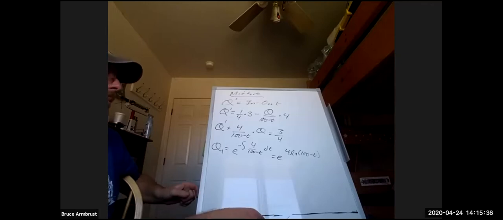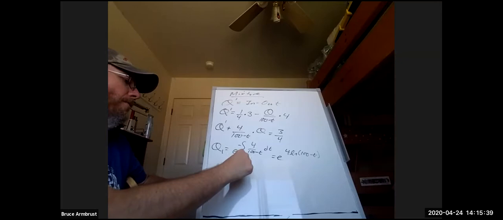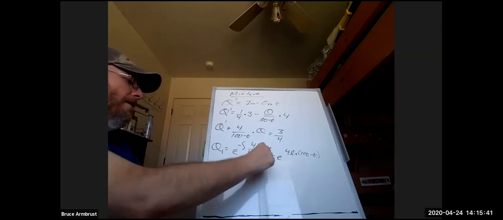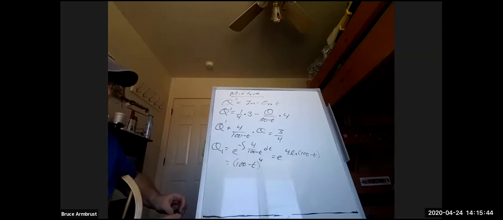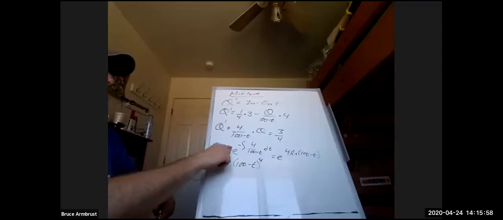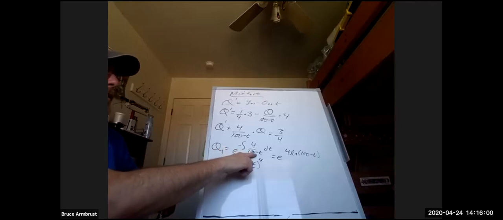So we're going to get 4 times the natural log of 100 minus t, which is equal to 100 minus t to the 4th. Wouldn't it be 1 over 100 minus t to the 4th? Because it's a negative for a natural log of 100 minus t. The negative got canceled with the negative from the 100 minus t. So I'm pretty sure we're good.